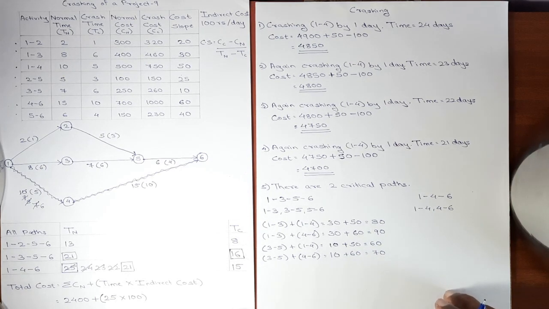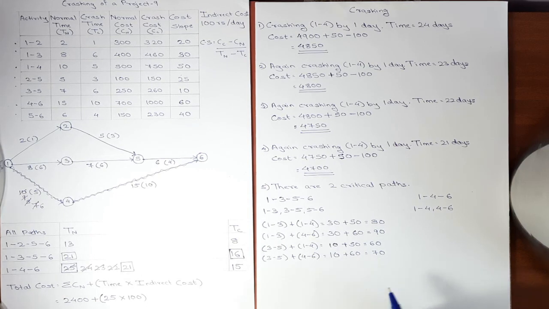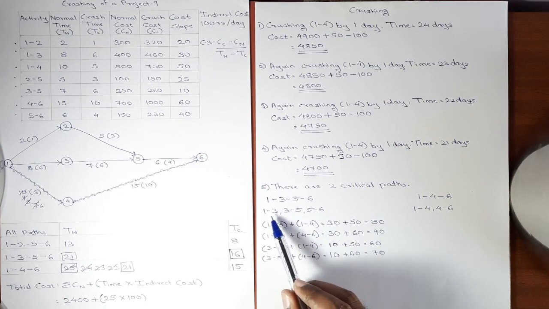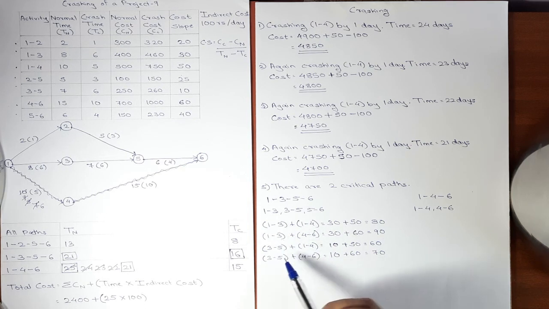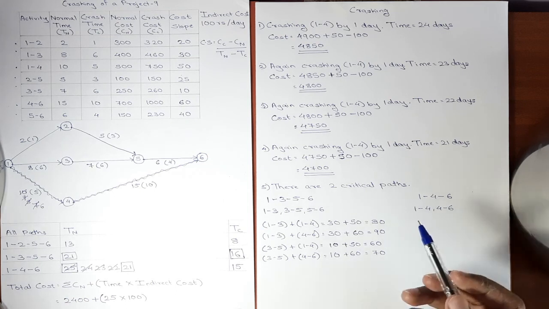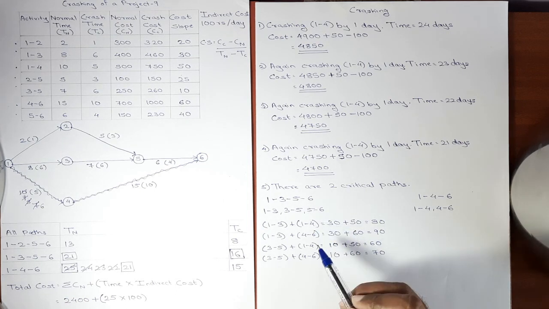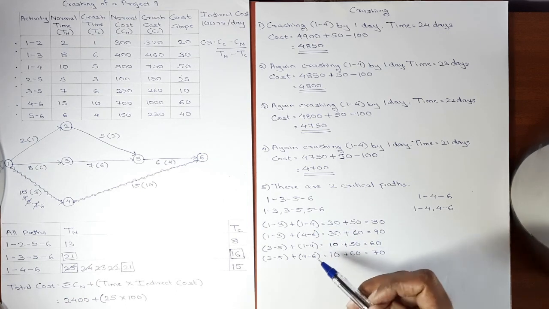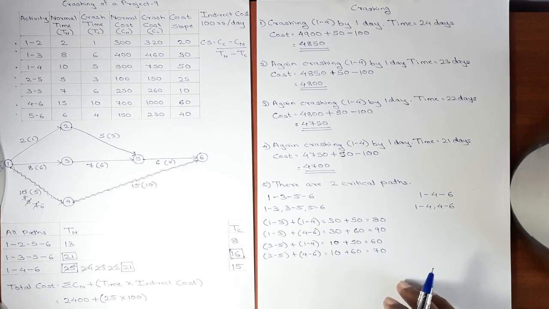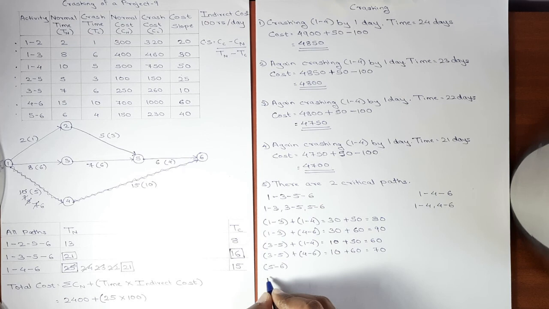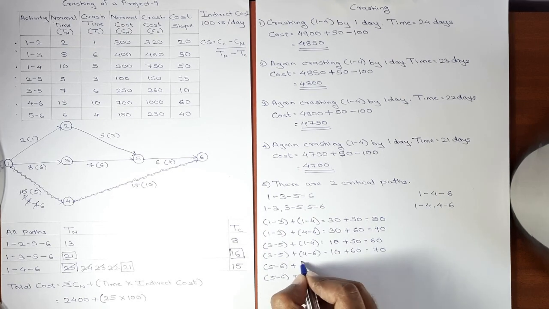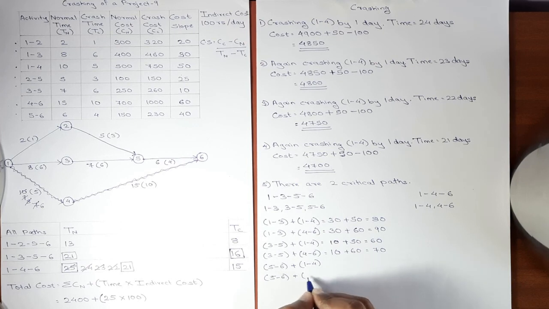Next set of combinations. Now I'll explain like this. If you see, the first activity and second activity from the first path were repeated twice: 1, 3, 1, 3, 3, 5, 3, 5. And from the second path, the activities were repeated in a set of 1: 1, 4, 4, 6. So in the last set of combinations, we'll write like this: 5, 6 plus 1, 4 and 4, 6.